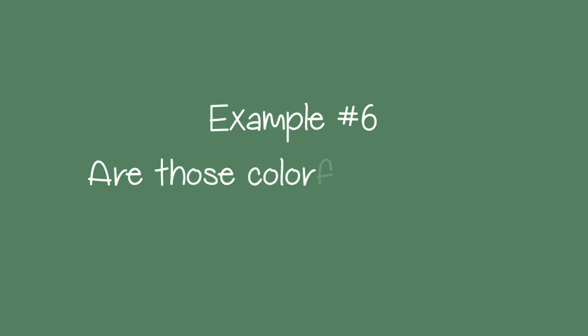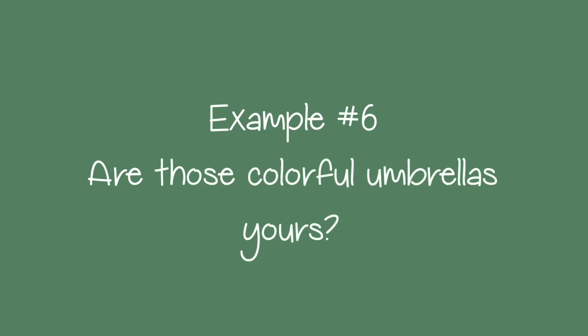Okay. So, for the last example, are those colorful umbrellas yours? Alright. So, what is the noun we are talking about in the sentence? We are talking about the umbrellas. Colorful is just a word that describes the umbrellas.